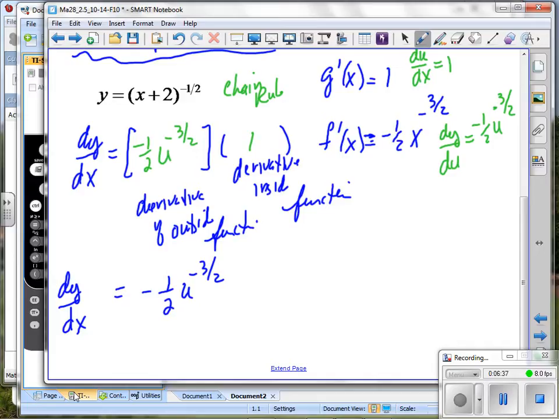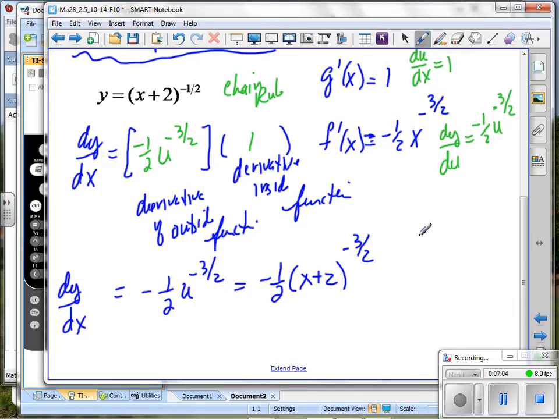I'm going to have to go back now and in place of u put in what it represented, in order to be true to my notation. My notation says the input variable is x. It has to be there. I can't let it sit there as a u because that's not being true to my notation. So my derivative then is this. Now that's the first way of looking at it.